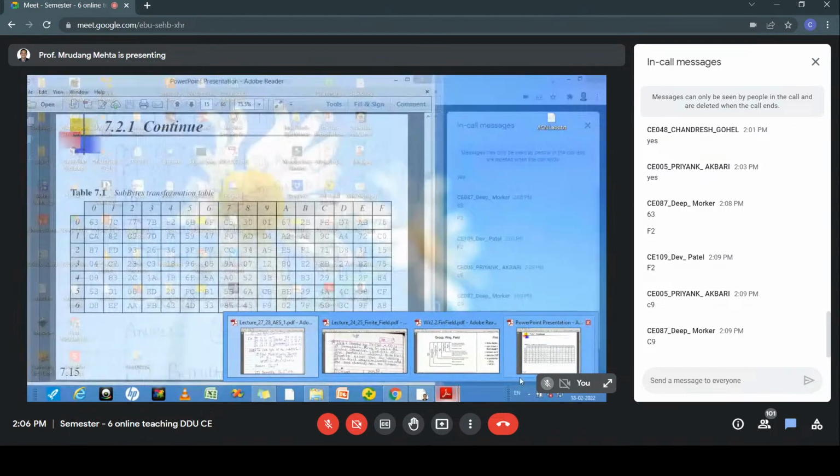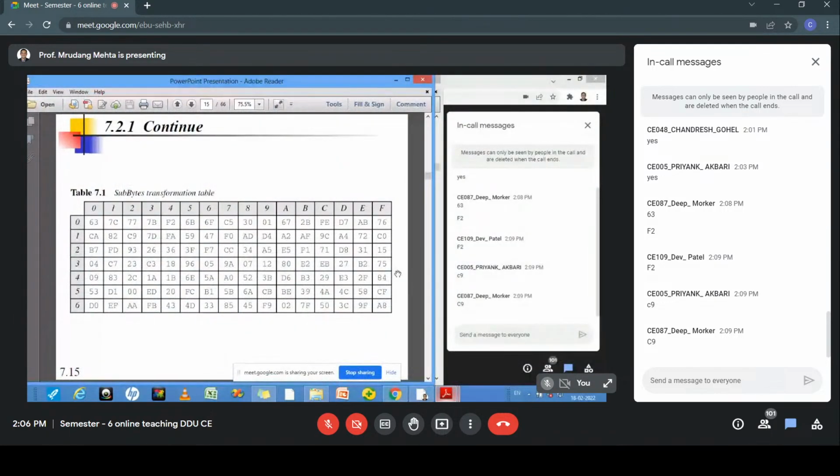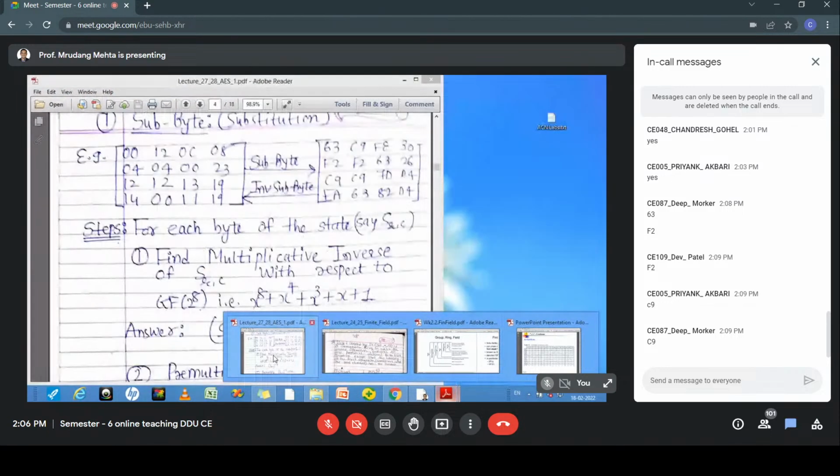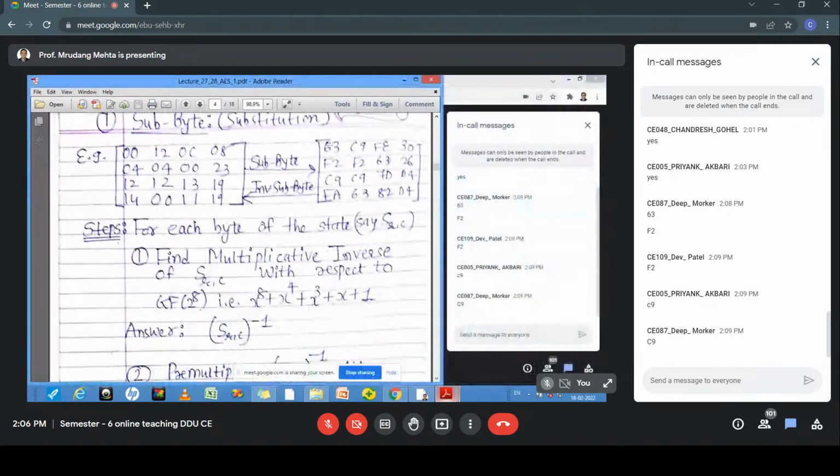Now see, this table is given in the book. In the inverse substitution table, the first element is 63. That means row 6, column 3.